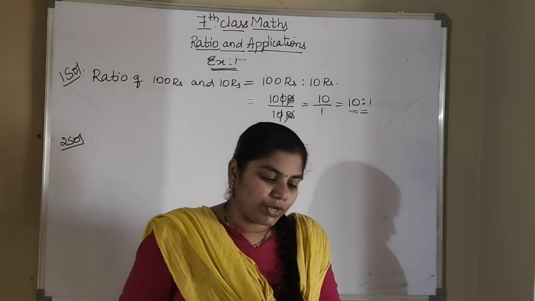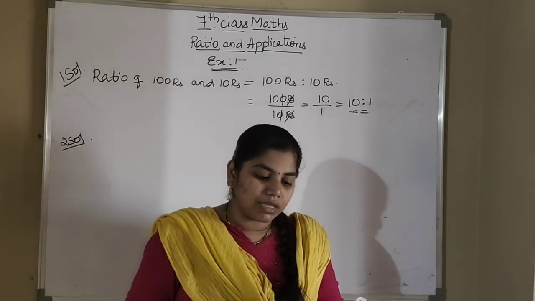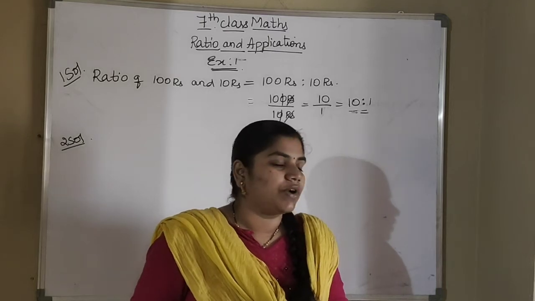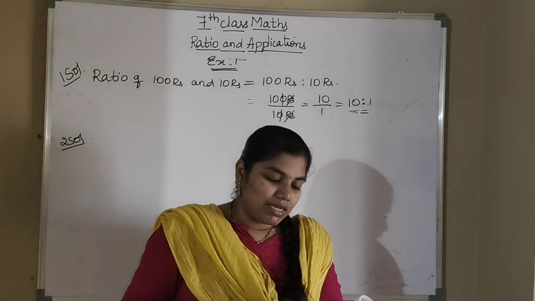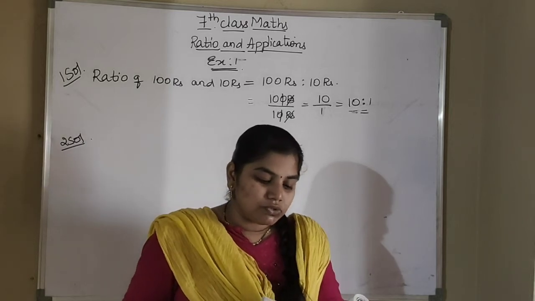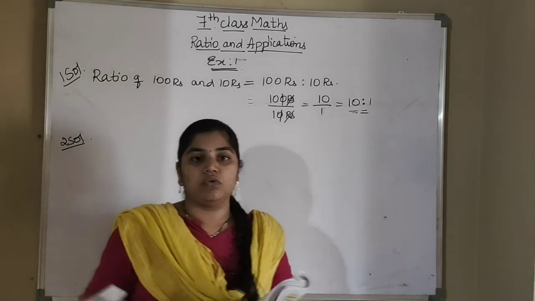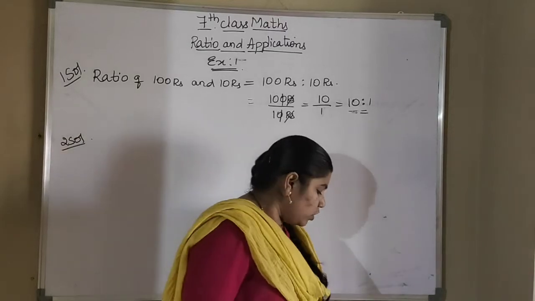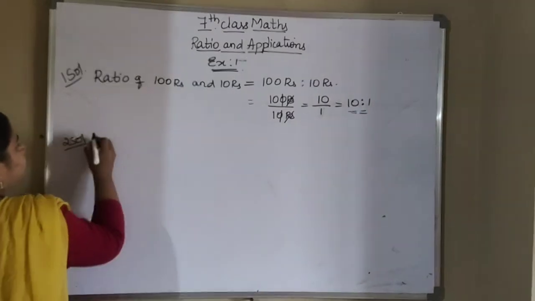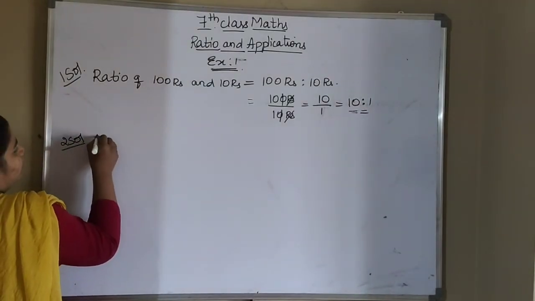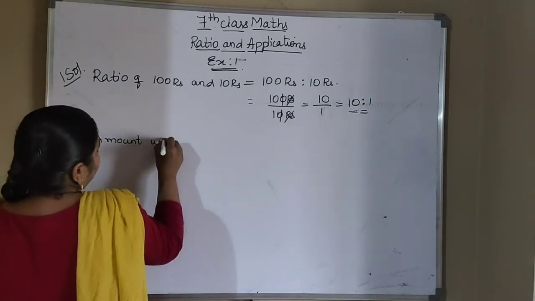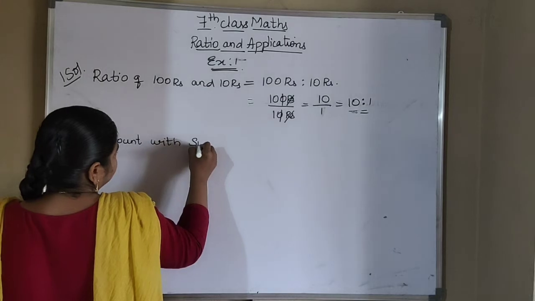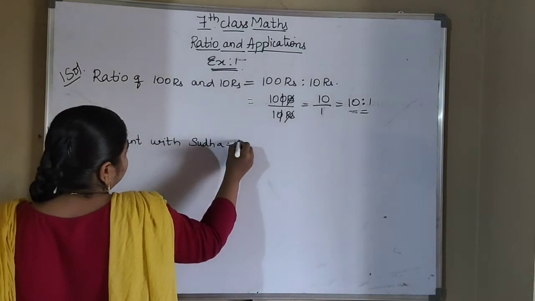So the first question: what is the ratio of Radha's money and Sudha's money? We have to find the ratio of Radha's money as well as Sudha's money. And the second one: what is the ratio of Sudha's money and Radha's money? So we have to do the reverse also. So what they gave first: the amount with Sudha is how much?